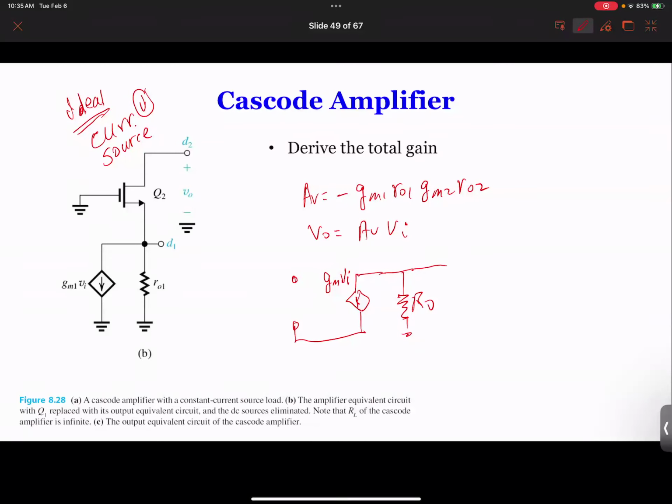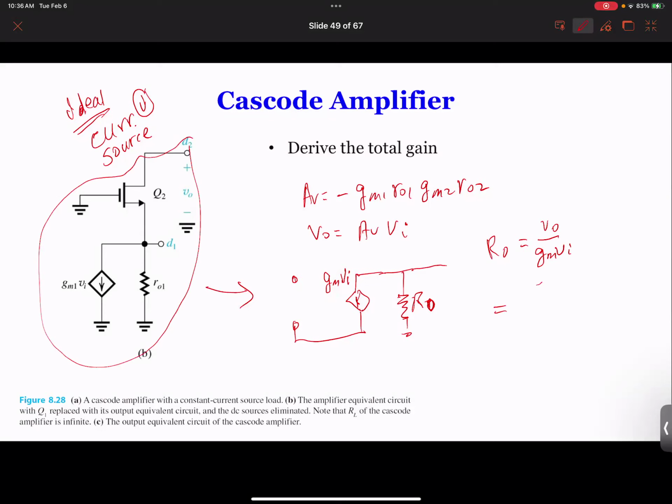If we do this, we'll find that the resistance RO is equal to VO over GM times VI. So this is RO, that's the equivalent resistance. That's the whole equivalent circuit. So everything here comes to this equivalent circuit.